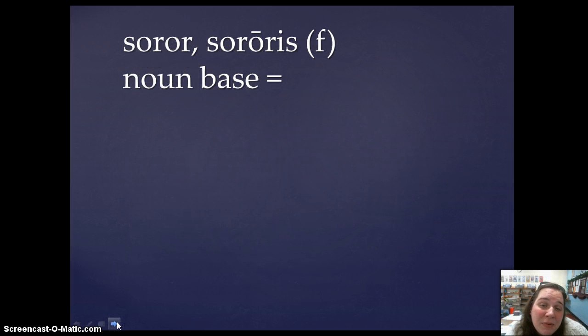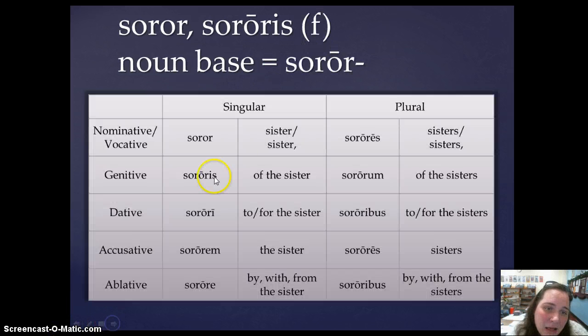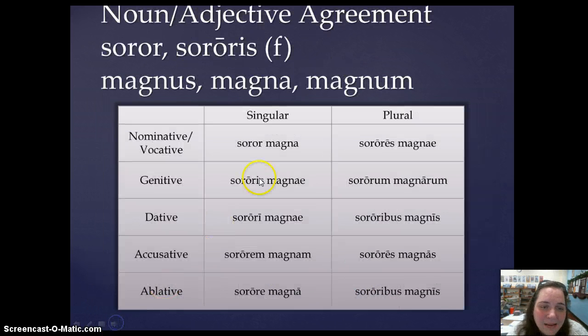I give you an example of a feminine third declension as well, soror, sororis. Again, if we take that "is" off the genitive form, then we get a noun base of soror, okay? So soror, sororis, sorori, sororem, sorore, sorores, sororum, sororibus, sorores, sororibus, okay? And again, let's say we want to talk about our big sister, okay?